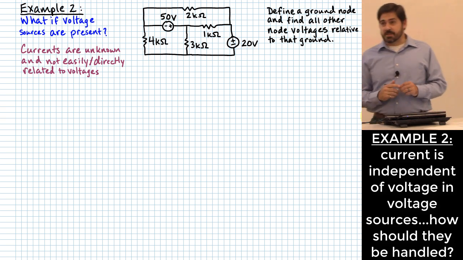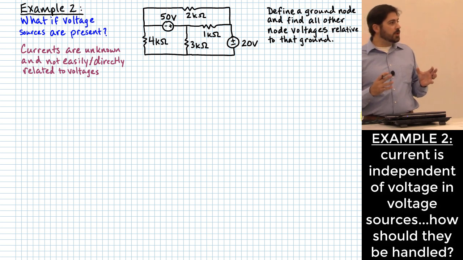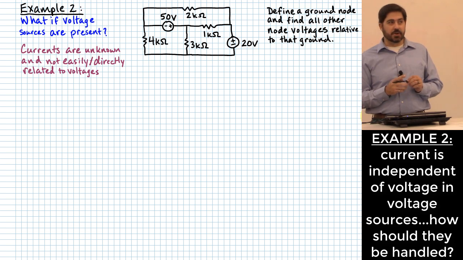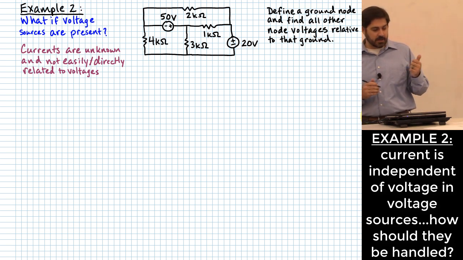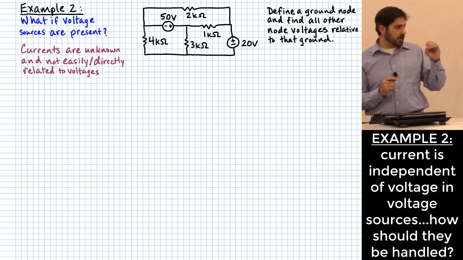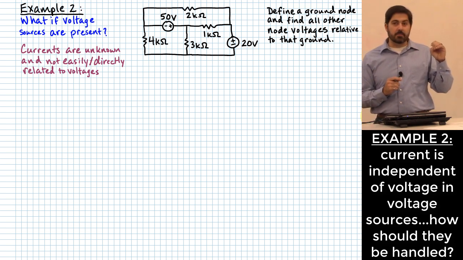The point of this example is, what do we do if we've got voltage sources present in the circuit? The first one that I did had nothing but current sources. This one has voltage sources present. This makes things a little more tricky, because a voltage source by itself does not imply anything about how much current flows through it.